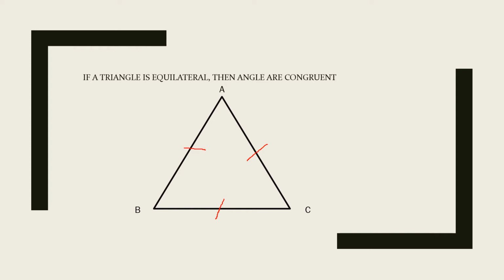Remember, an isosceles triangle has at least two congruent sides. Now, the equilateral triangle theorem tells us that all equilateral triangles are also equiangular. So if we have an equilateral triangle with three congruent sides, then the theorem tells us that the angles are also congruent.